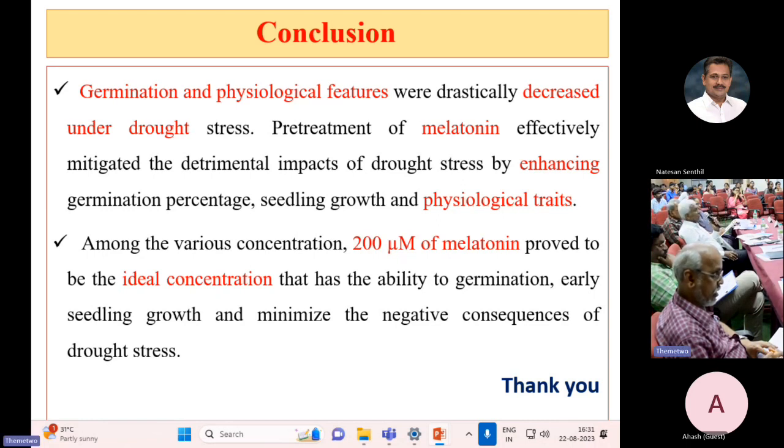This is my screening experiment. My actual work is combined drought and high temperature stress at the reproductive stage; to fix the melatonin concentration, we have done screening procedures. No, I am asking about the crop. Actually, drought situations occur only at the reproductive stage, at harvest.